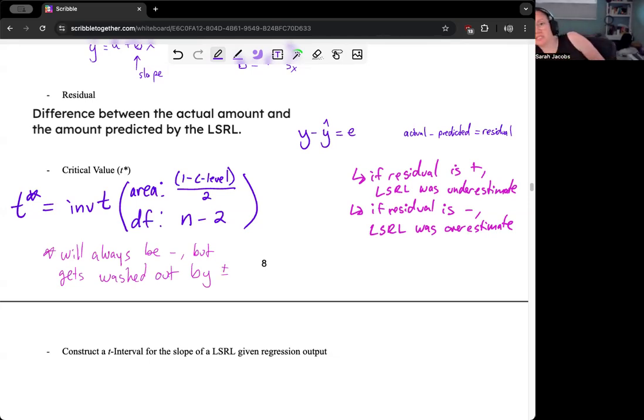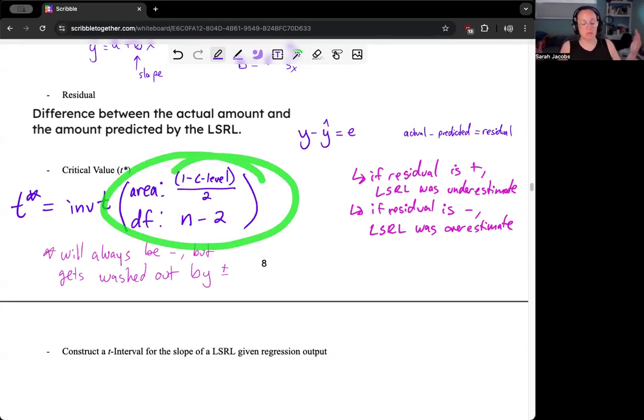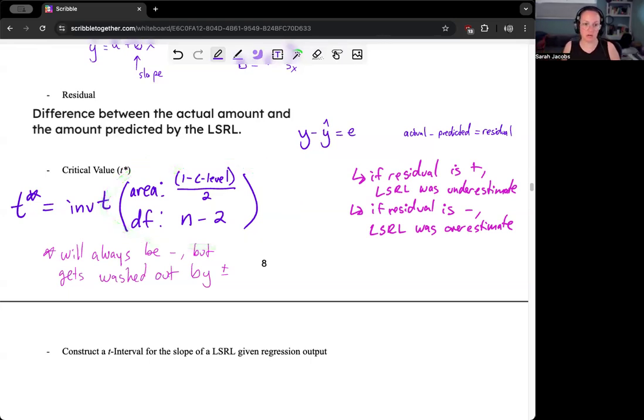Something plus or minus the T star. So if it's negative, we'd just be subtracting a negative, which turns into a plus, and then we're adding that negative anyway, which turns into a minus. So this just means it always gets you to the right value. Just ignore the negative sign on it. Okay?